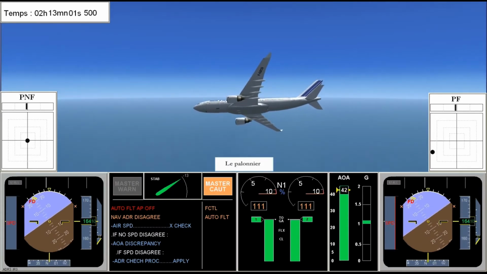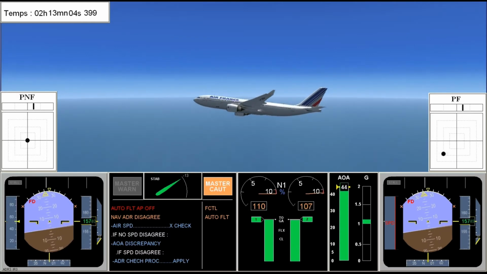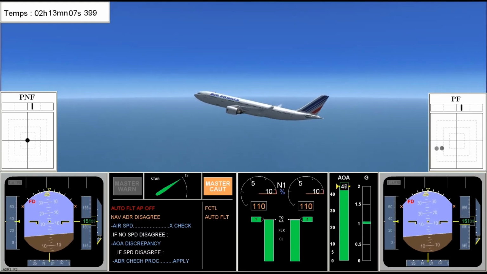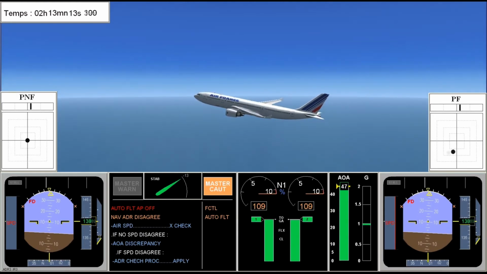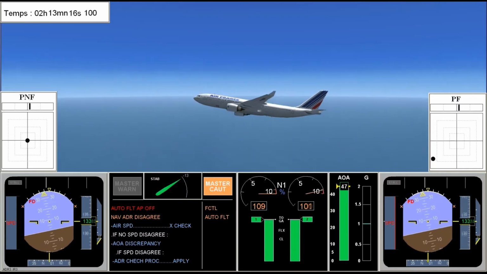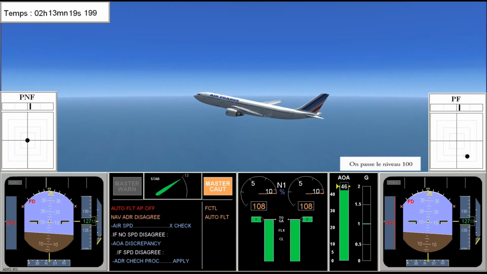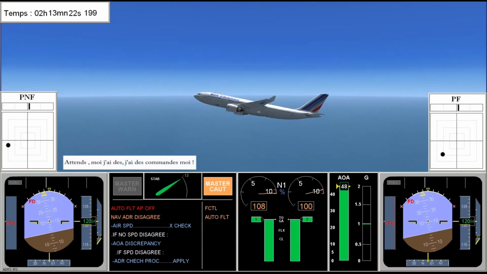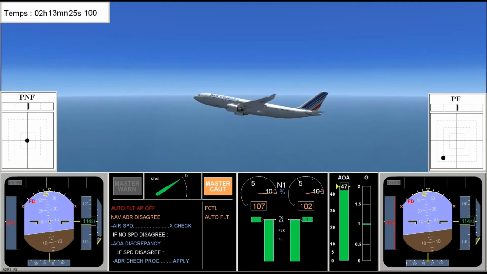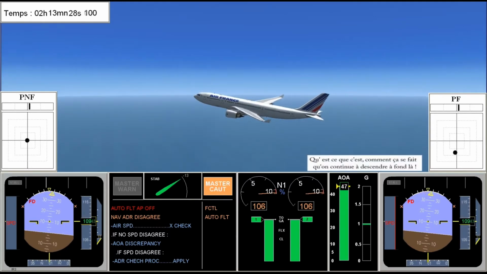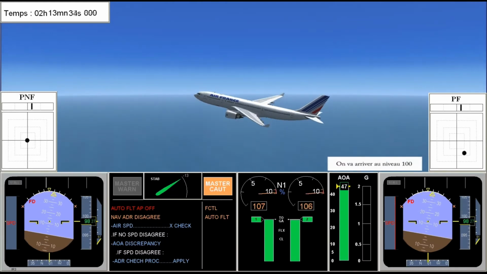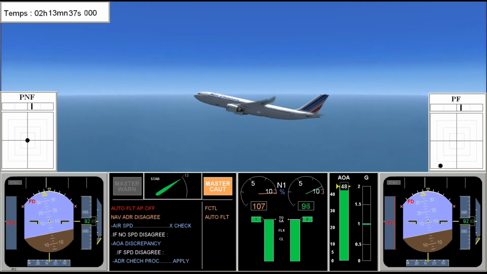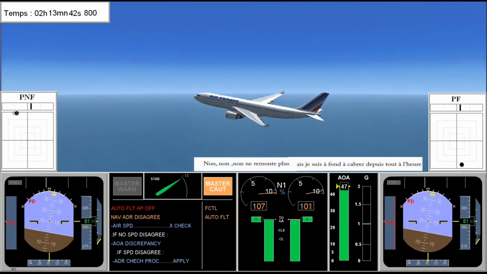Dual. Dual input. Dual input. Dual input.